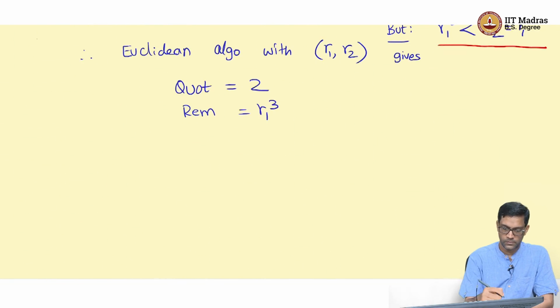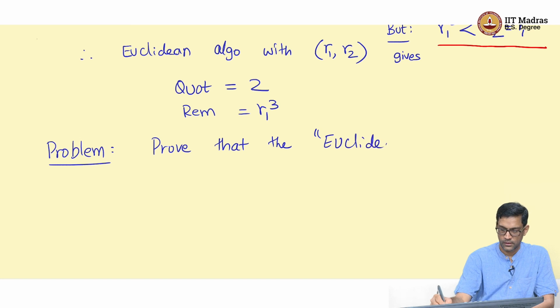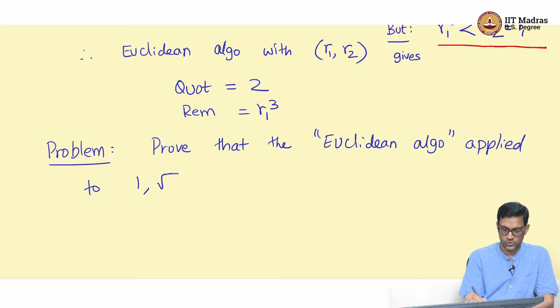So here is the problem for you to try out as an activity. Prove that what we are calling the Euclidean algorithm applied to these real numbers, 1 and root 2, never terminates, it never stops.